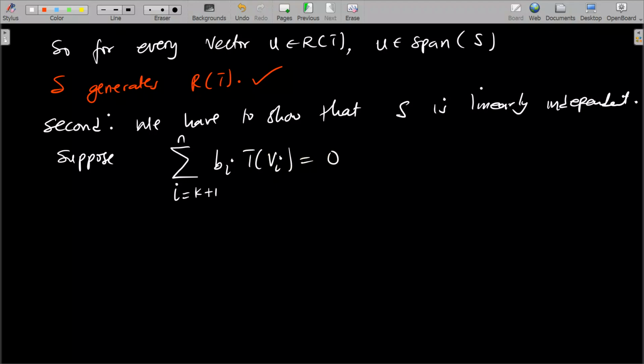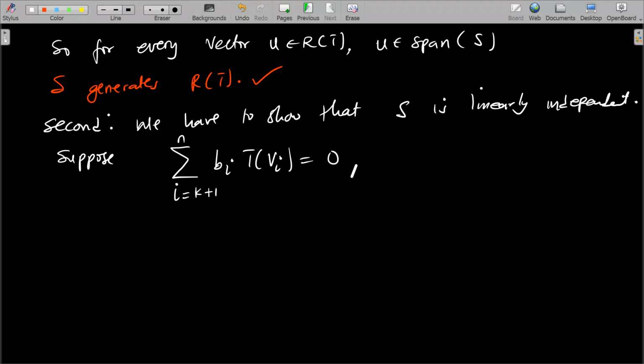What it means is, if i is equal to k+1, you're going to have b_{k+1} times T(v_{k+1}) plus and so on.